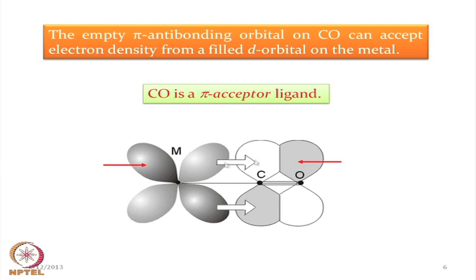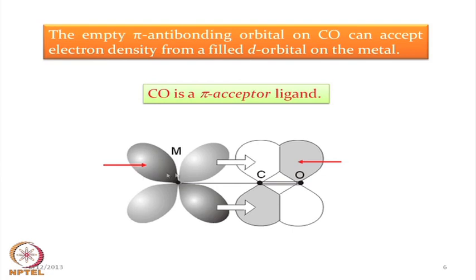So, since we do not have the matching symmetry, this is the pi star orbital what we have shown just now. And since we have this carbon atom bonded to this oxygen atom, they are not going away to a long distance. Only thing is that due to this antibonding, if we have electron density in this antibonding level, our bond order is changing. We all know that if electron density is there in this antibonding level, the CO bond order will be diminished.